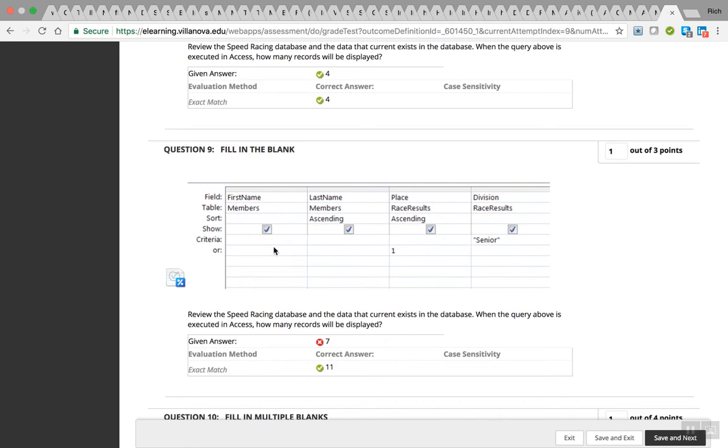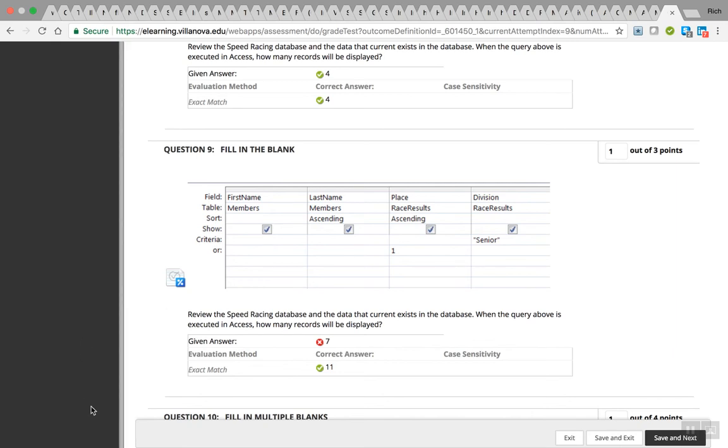So everything on this line has to match up in order for it to be selected. It's the same way with this one or the next one or the next one. You can have multiples of these, but with an and, everything on the same line has to match in order for it to be selected.